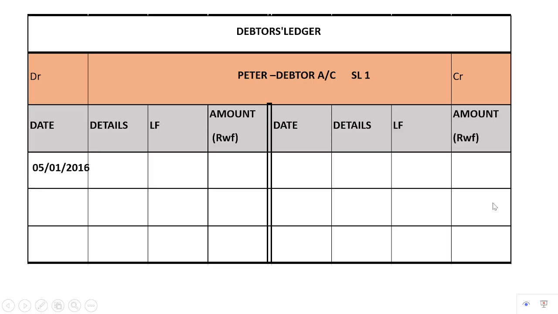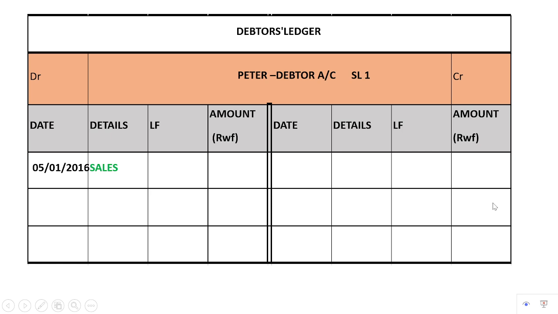For the debtors ledger, we have to debit their account since we are increasing the assets account, the debtor account. Peter, a debtor, is an asset for the business.